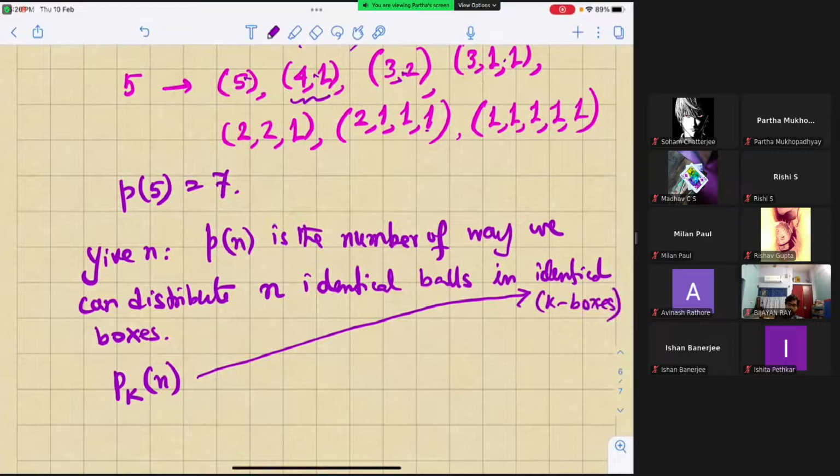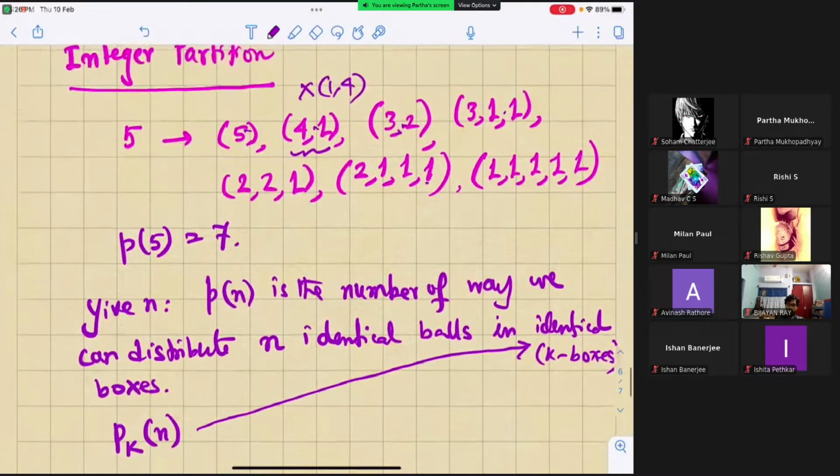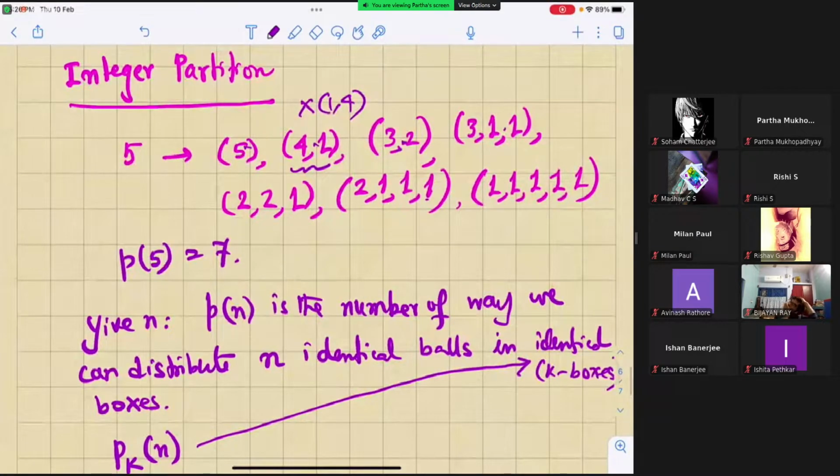There are different variants of these problems. So this is of a lot of interest in combinatorics to find these numbers, find Pn, find Pk(n), to calculate these numbers. This has a long history. It comes from partition functions in statistical physics. So this has a lot of practical importance also, counting these numbers.